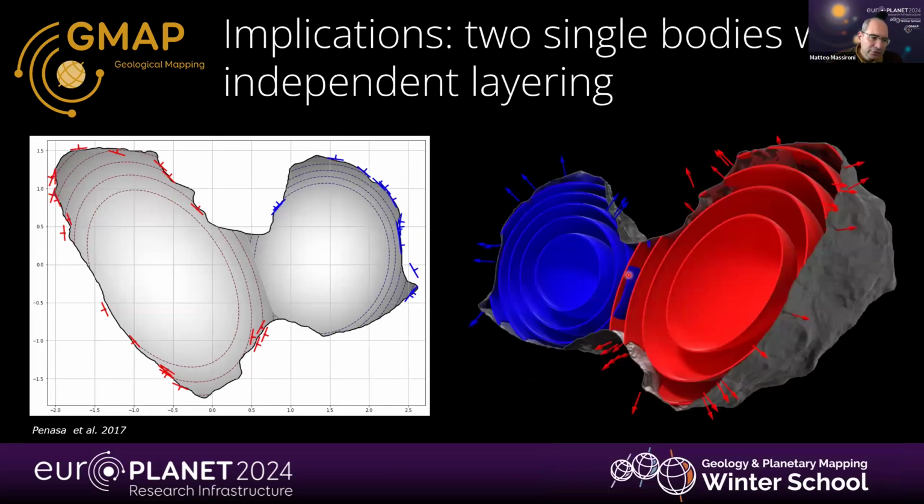And here you see to the right the interpretation. So we have this kind of stratification that goes up to 500 to 800 meters of depth on the small lobe, and on the big lobe we have lost some of the stratification in between, probably during the joining of the two lobes.